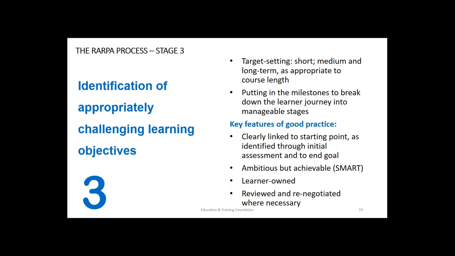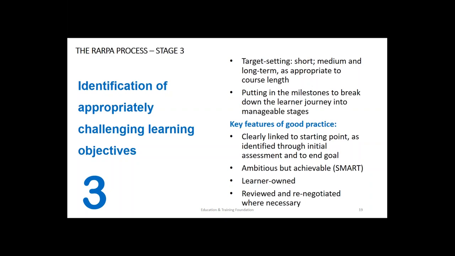The medium-term goal would be to be successful on this current program and meet all her objectives so that she can move on to the next program. And then the short term is breaking it into milestones, manageable stages for the learner, challenging learning objectives that we're going to be measuring and tracking.